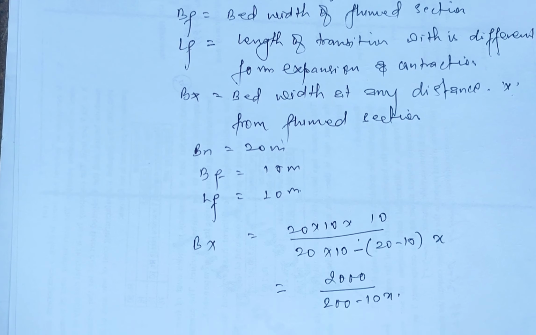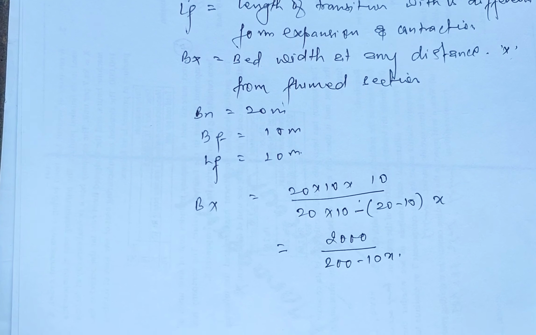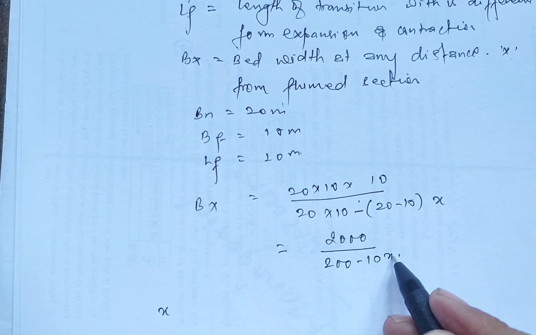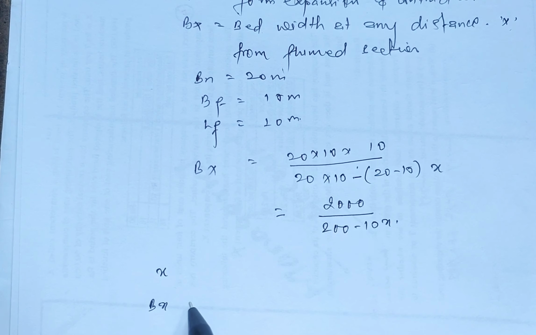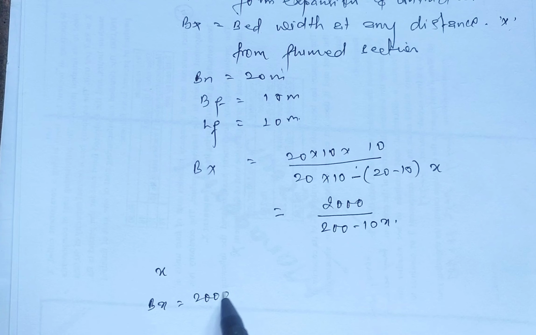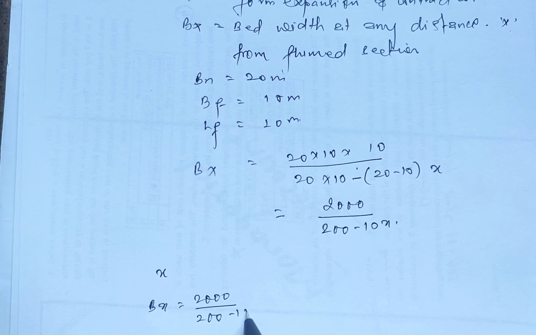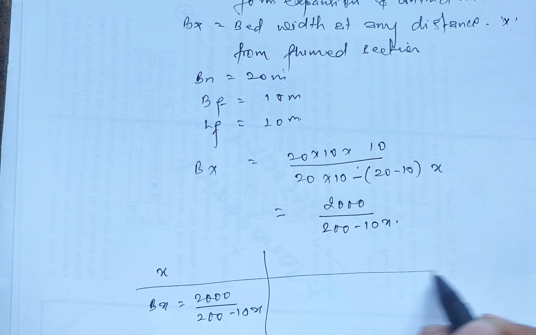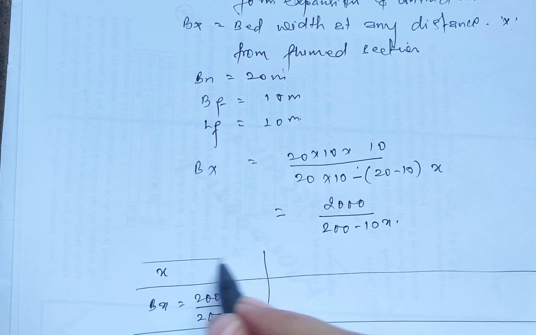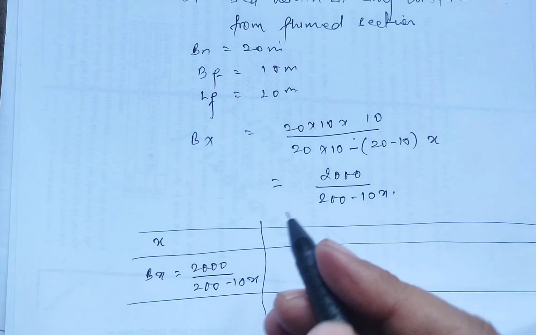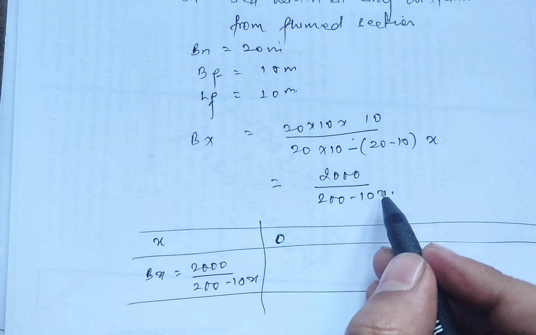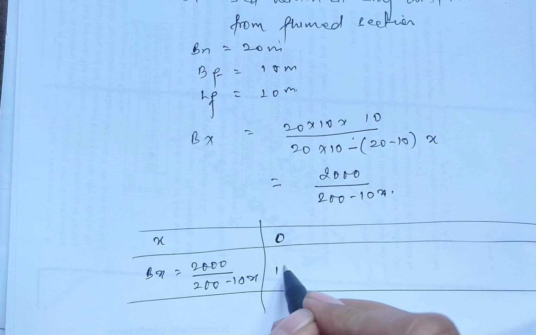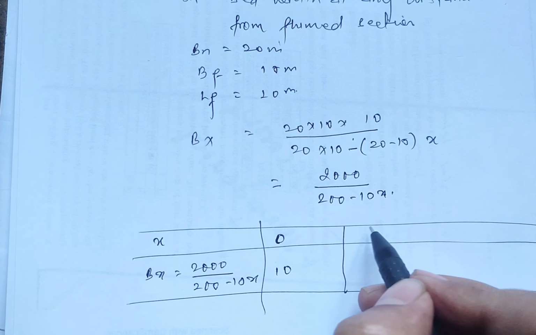So using the hit and trial method, we have to find the value of Bx by placing values of x. Placing 0, we receive 10, and after this we place 2.